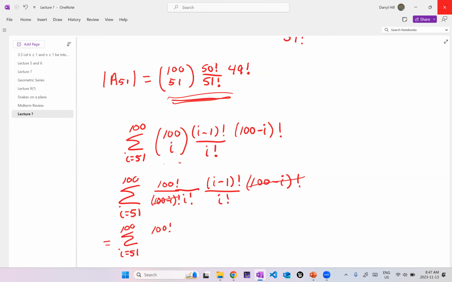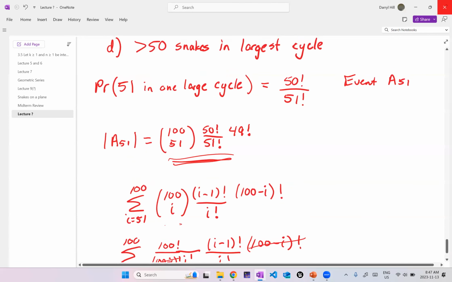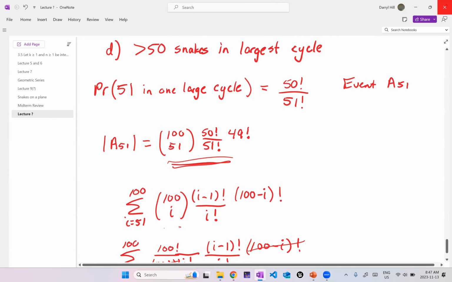I might have screwed up somewhere, but let's keep going and see what... Sorry, I did mess up. So I'm conflating probabilities.